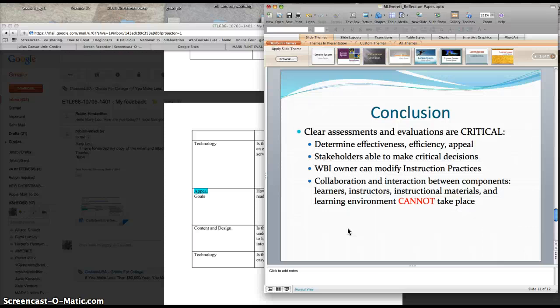They determine effectiveness, efficiency, and appeal. Stakeholders are able to make critical decisions. Web-based owners can modify instruction practices, collaboration, and interaction between components. The learners, instructors, instructional materials, and learning environment cannot take place without all the components interacting with collaboration.